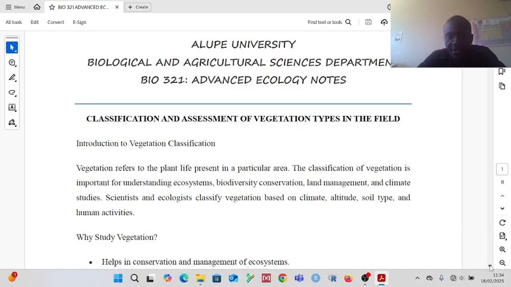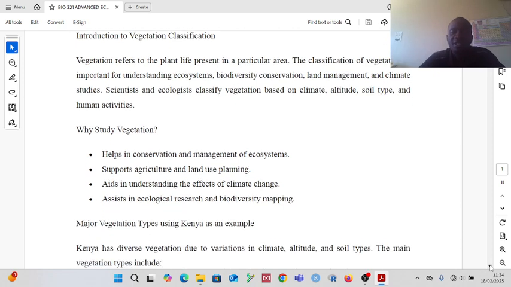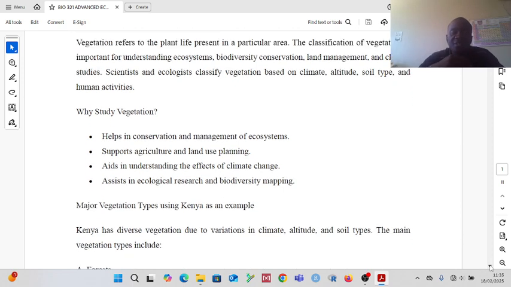But maybe an important reason is, why are we bothering about vegetation? Why think of studying vegetation? So vegetation is important because it aids in conserving and management of ecosystems. Okay. Then the same vegetation helps in supporting agriculture and the land use planning.